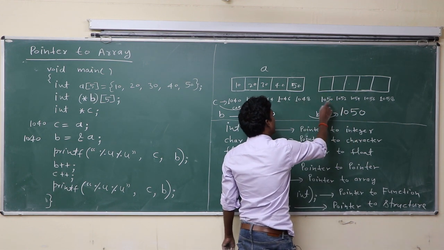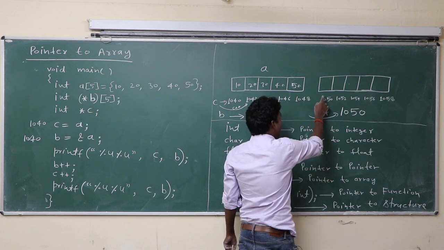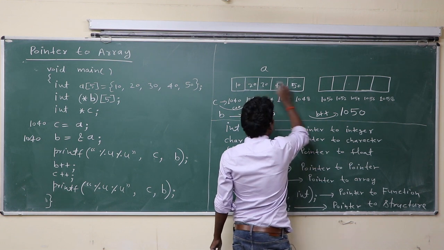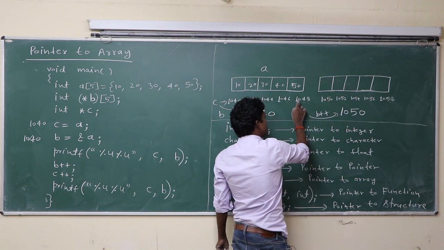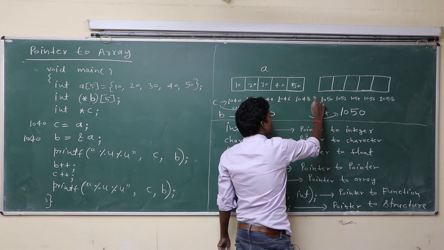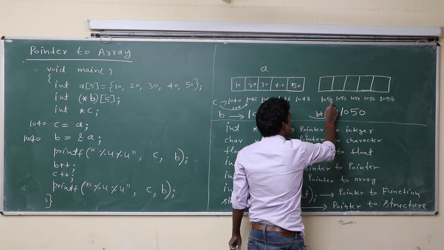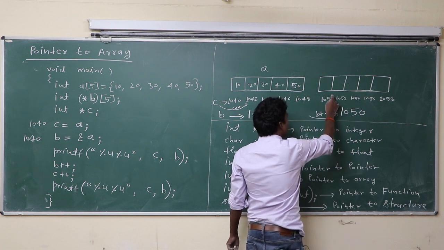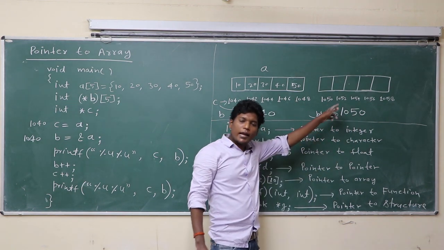So the next array will be after this array. This is an integer array, and the next will also be an integer array. So the next array will start from 1050. This is the base address or first block address, and this is the overall address of another array.